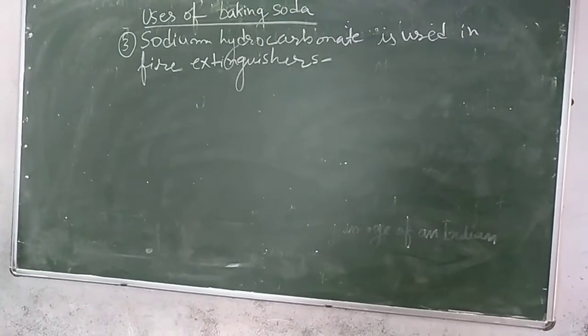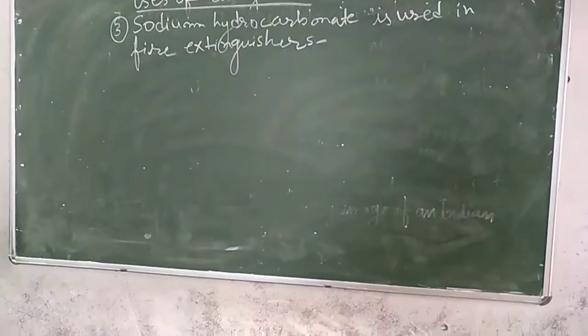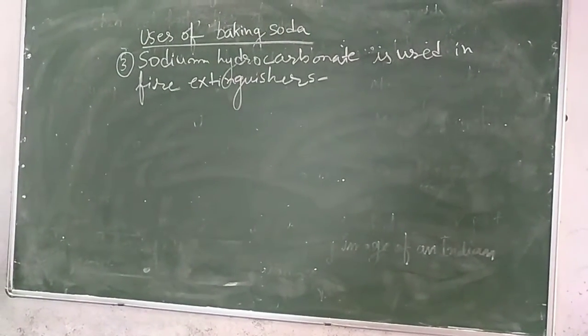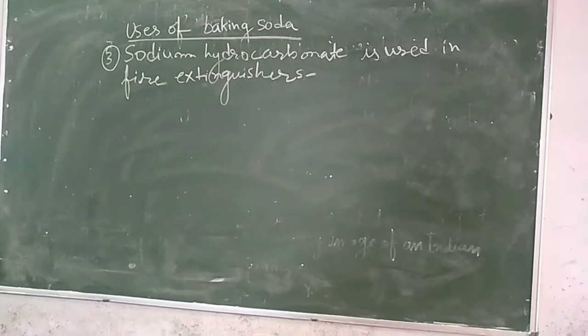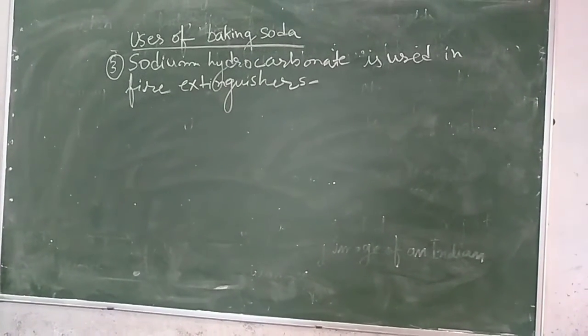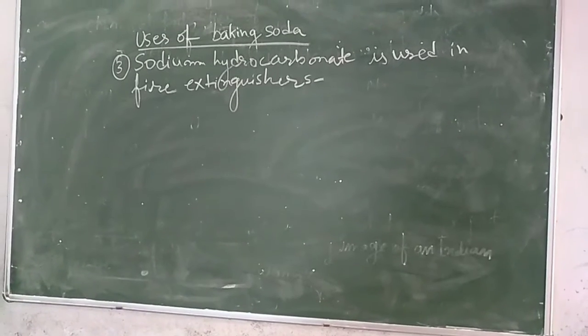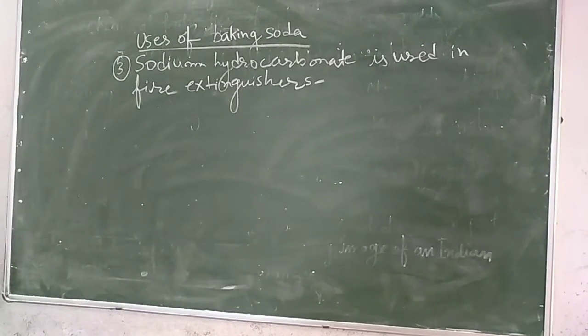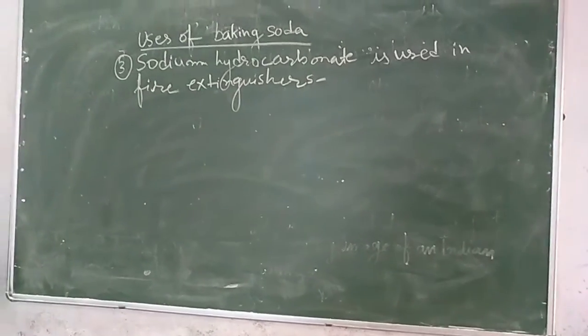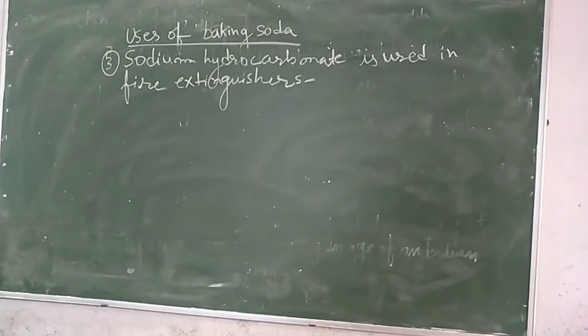This carbon dioxide gas forms a blanket over the fire, and in this way it prevents the contact of the fire with the atmosphere. Due to the blanket of carbon dioxide gas, the contact of the fire with air is prevented, or we can cut the contact. Then in this way we can extinguish the fire.